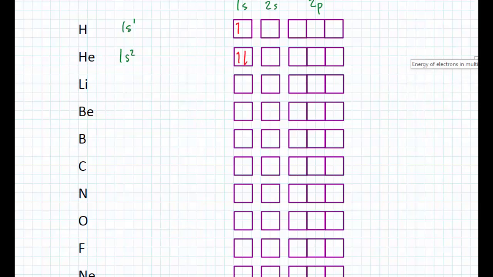When you get to carbon, read Hund's rule down below the table. Hund's rule will tell you where that second electron in 2s goes, or in 2p. Let's see if you can figure that out.